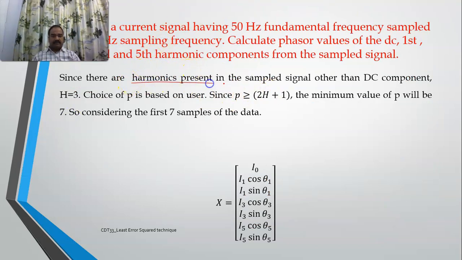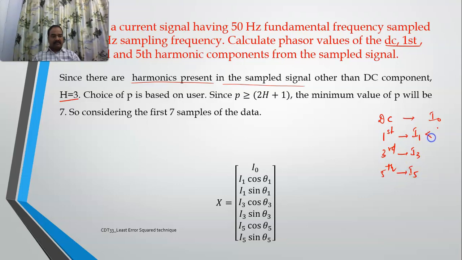Since there are harmonics present in the sampled signal other than the DC component, as I already told you, you are more concerned about the DC component, the first order, third order and fifth order harmonics. For the DC component, I get only I0. For the first harmonic I get I1, then I3, then I5.